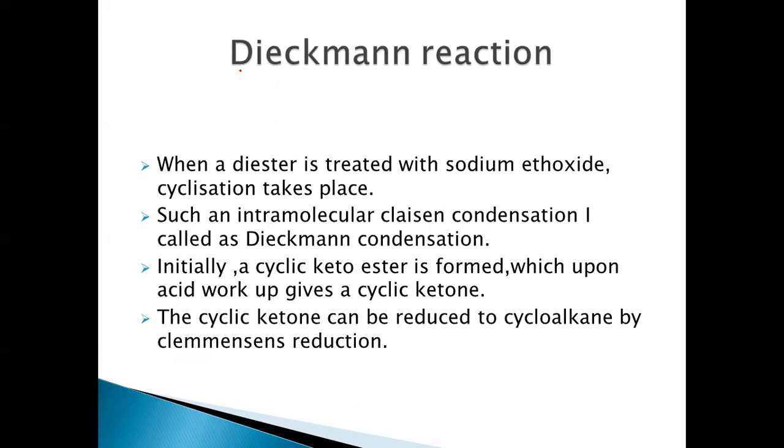And now let's look at this Dieckmann reaction, the second method for the preparation of the cycloalkanes. Here the starting material is the diester. This diester is treated with sodium ethoxide.